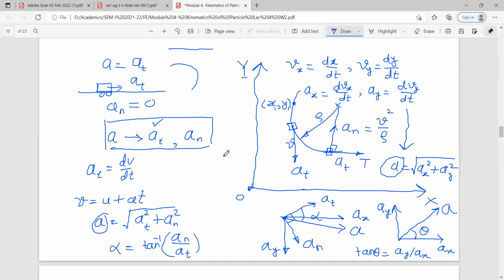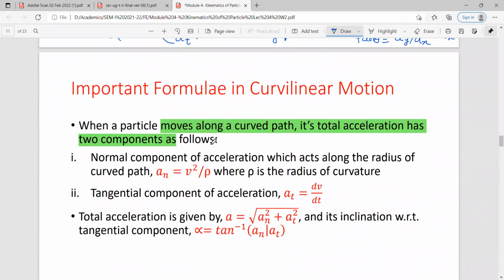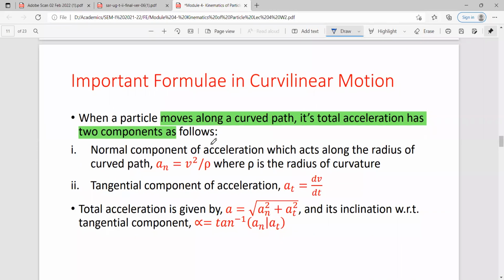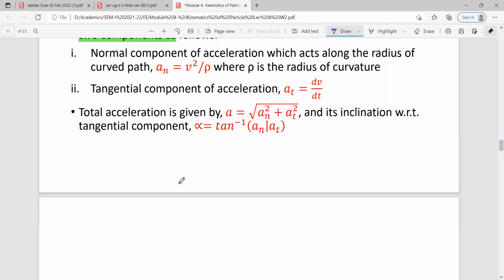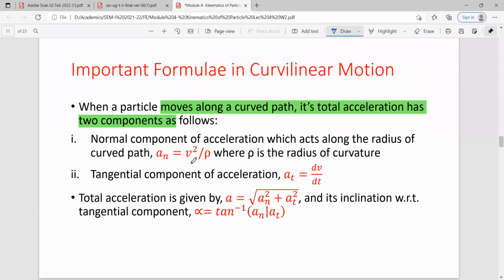Okay, so what I want you to do is note down this formula. It is summarized here. Take 2 minutes, note it down.